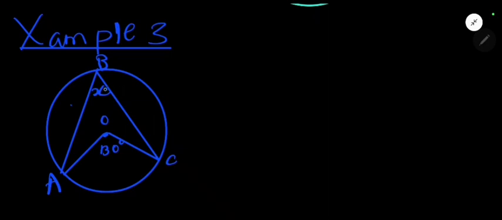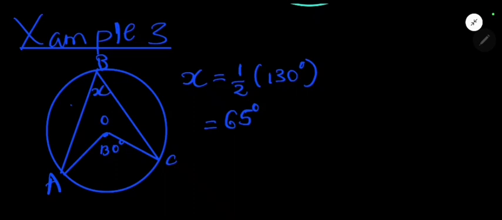Calculate X. So we know that X, guys, is half of 130. So X will be equal to half of 130 degrees, and half of 130 degrees is 65 degrees.